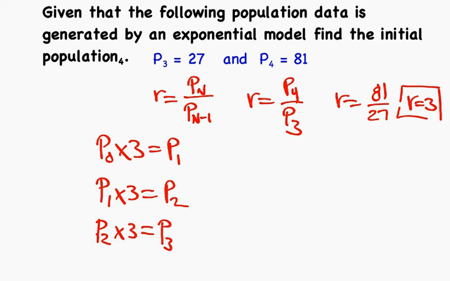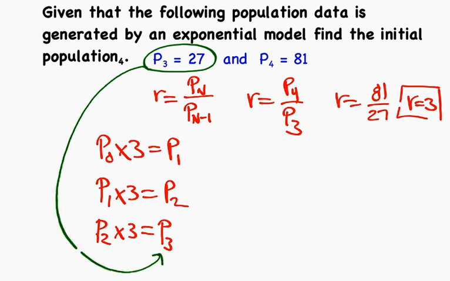Since we know the value of P3, we can plug it in and we can work backwards. So P2 times 3 is equal to 27. But if we divide both sides by 3, we get that P2 is 9.